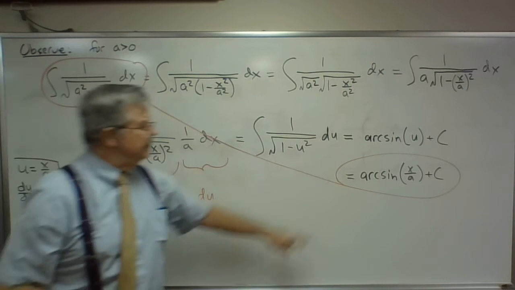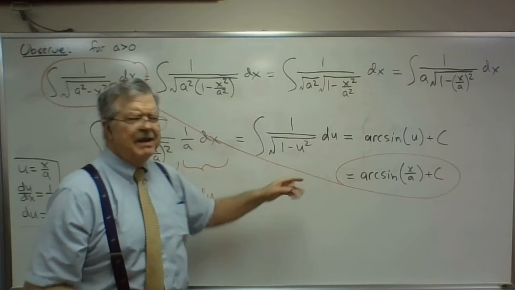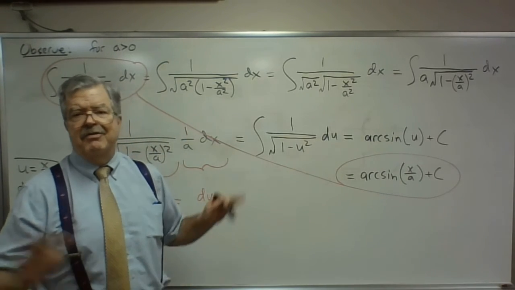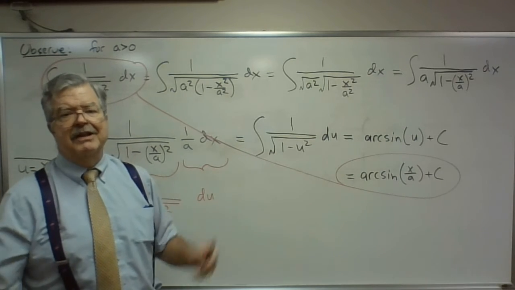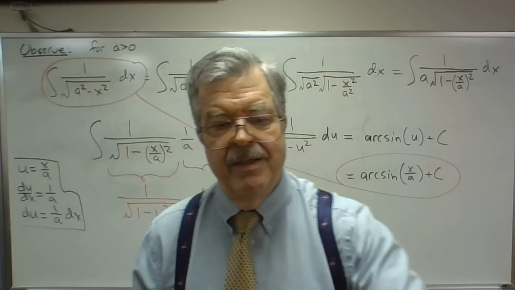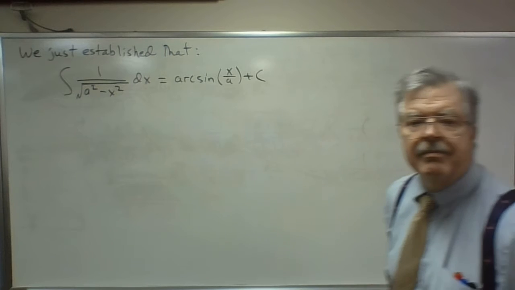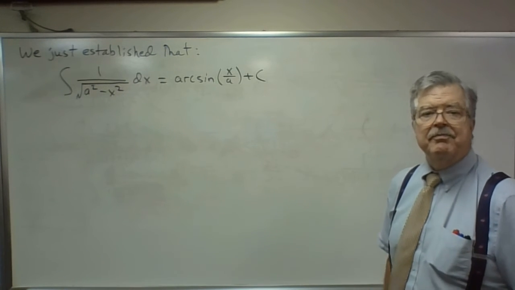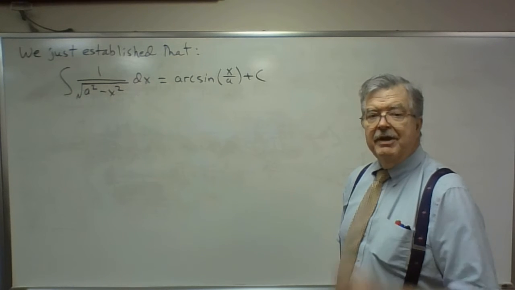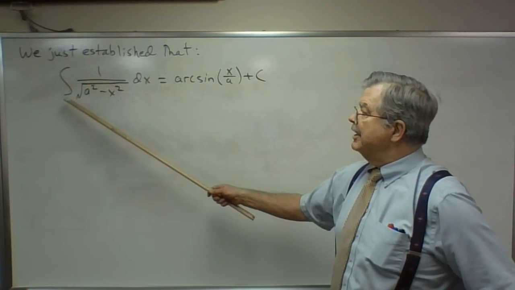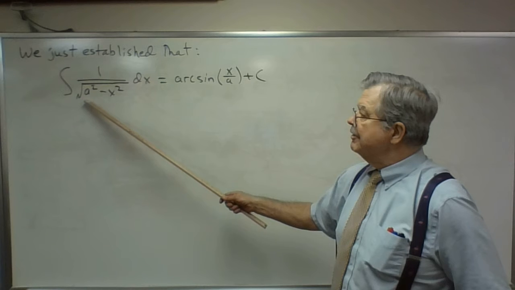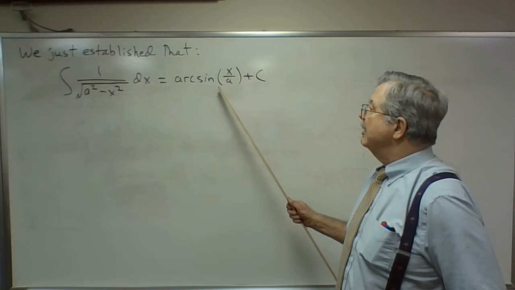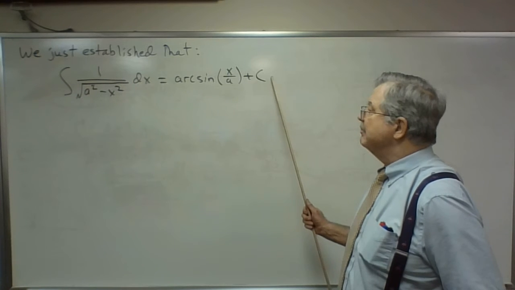Don't circle this and don't circle that and draw the line, because I'm going to restate this result after I erase the board and there's less clutter. Here's what we just established. We came up with an integral formula. The integral of 1 over square root of a squared minus x squared dx is arcsine of x over a plus c.